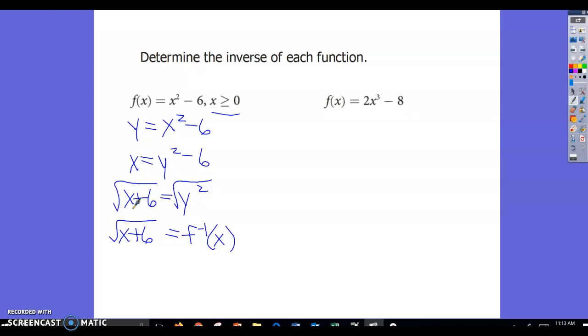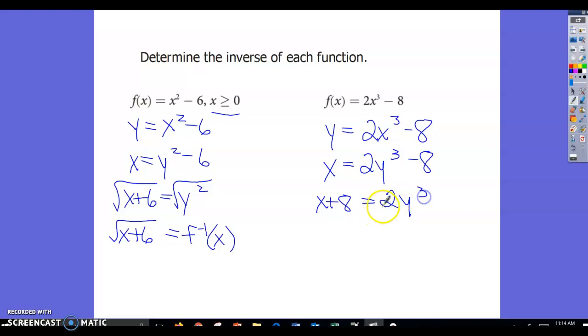The next example: replace f of x with y, so y equals 2x cubed minus 8. We're going to switch the x and y. Now we're going to solve. When you solve, you're undoing the order of operations. So we're going to add 8 first, then divide by 2 next, and the last thing we're going to do is take the cube root.